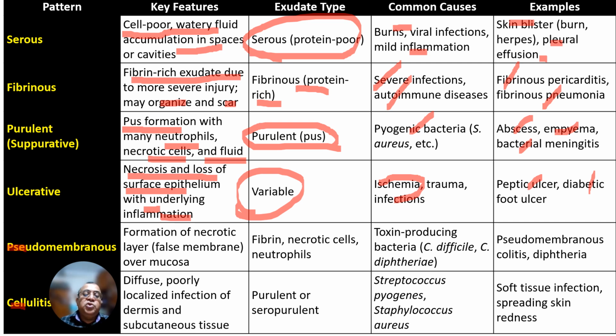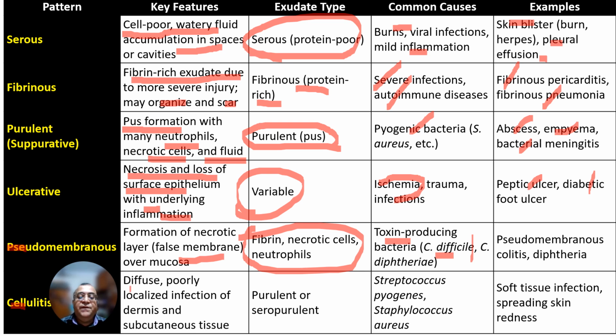Pseudomembranous colitis or the pseudomembranous type of inflammation is characterized by formation of a necrotic layer or false membrane that overlies the mucosa, and in this the exudate type is fibrinous, with necrotic cells and neutrophils present. Toxin-producing bacteria such as Clostridium difficile and Corynebacterium diphtheriae are responsible, and examples are pseudomembranous colitis and diphtheria.